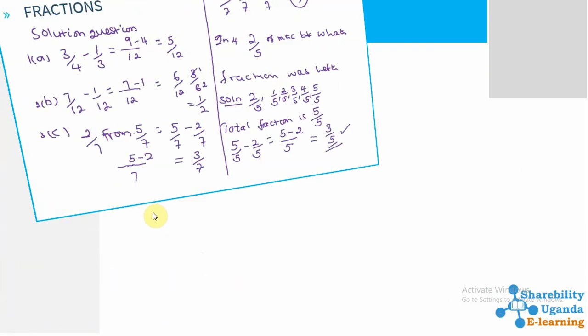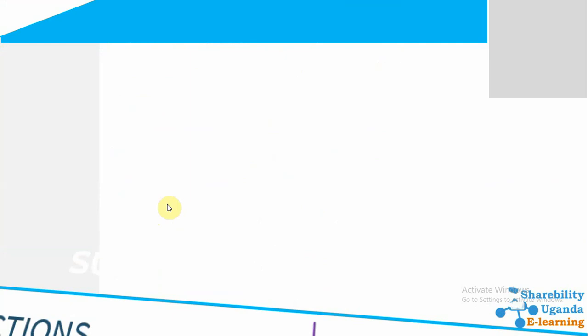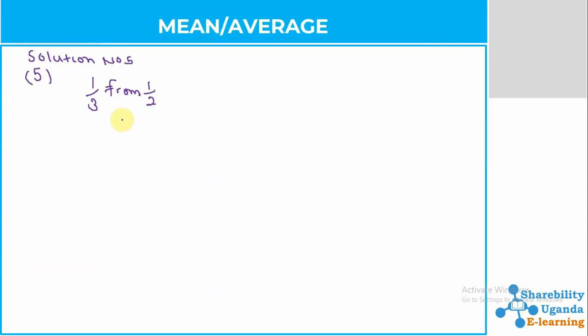Okay, so let's look at this. They are saying 1 out of 3 from 1 out of 2. This simply means that we start with our half, then we subtract 1/3.